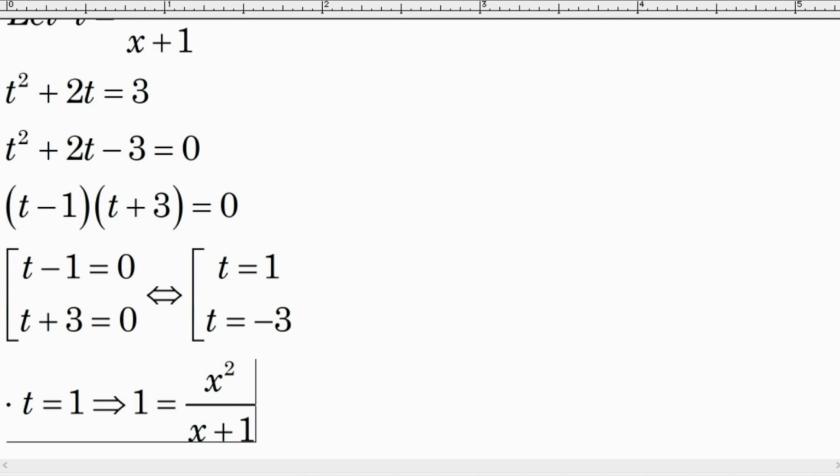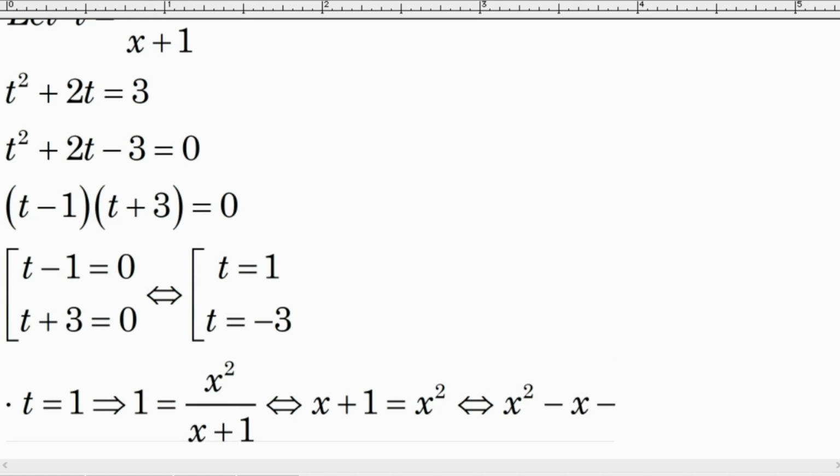So then I can multiply x plus 1 across to here, so it will be x plus 1 equal to x squared. Then we can move it to one side, so that will be x squared minus x minus 1 equal to 0. Okay, then we have to solve this equation to find the values of x.